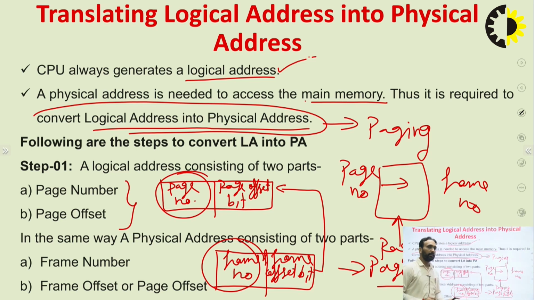It contains the page number against the frame location where it is placed in main memory. So hopefully it is clear what the basic difference between logical address and physical address is. I repeat: the logical address is generated by the CPU, and the physical address is required for memory to access or store the required content in a desired location.